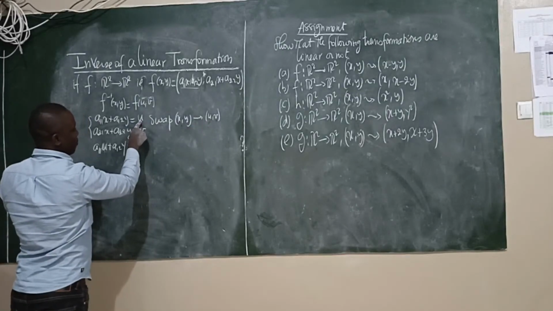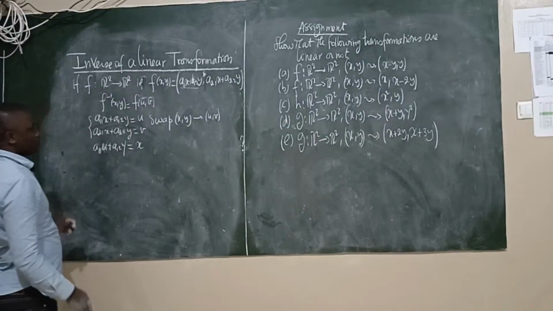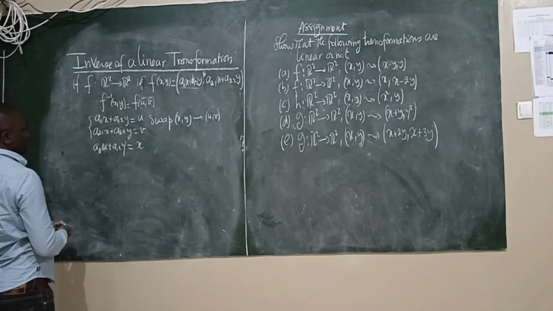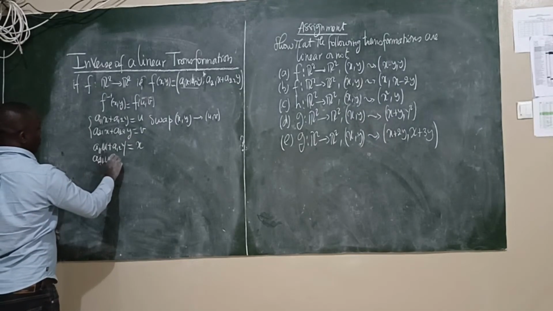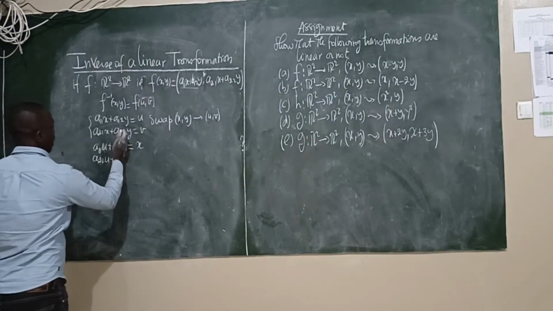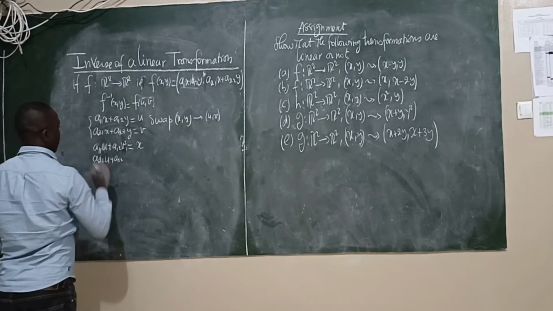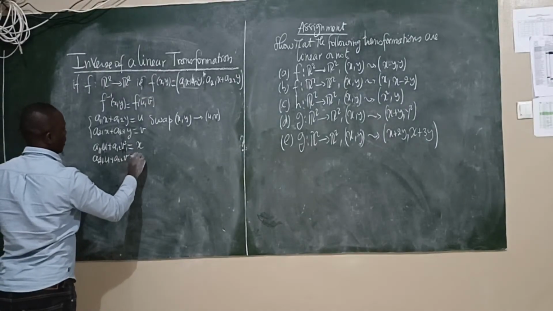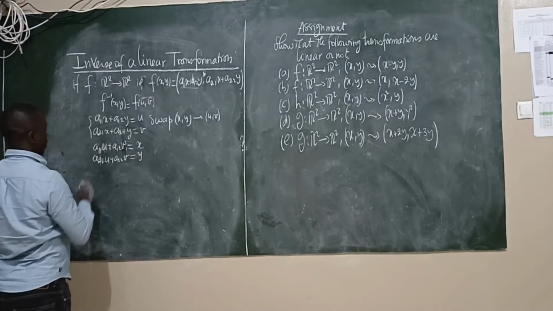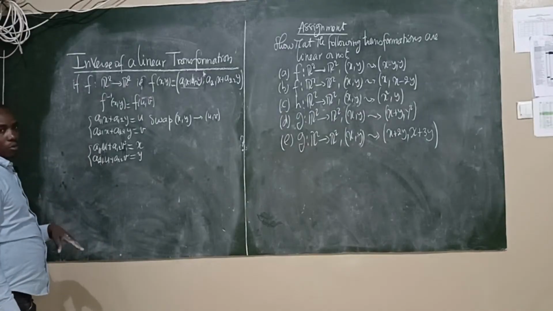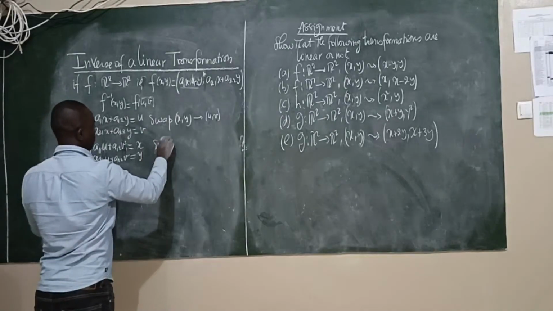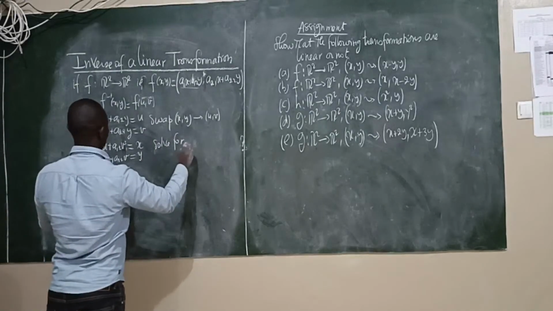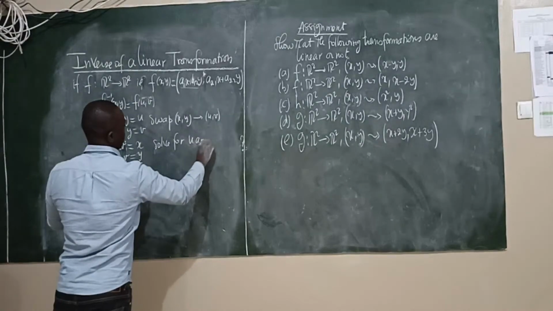Here u will be replaced by x. Again, here is a21u plus a22v, and this is going to be y. What is done here is solve for u and v.